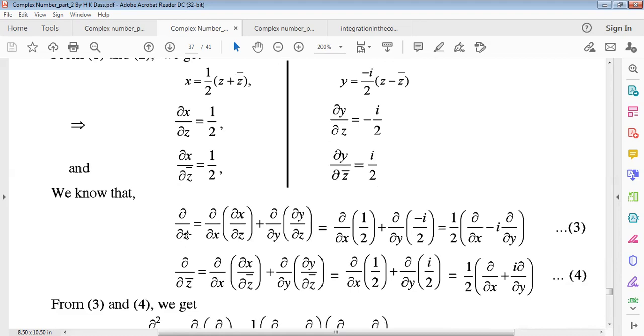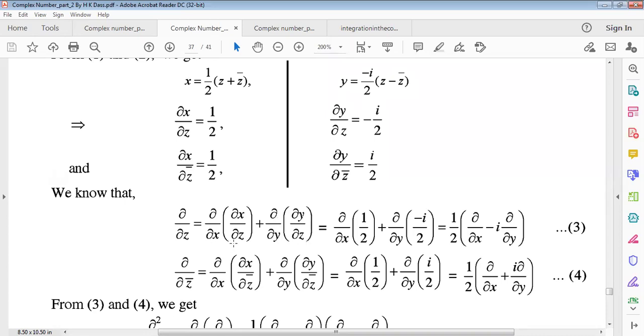According to the definition of partial differentiation, del by del z equals del x by del z into del by del x, plus del y by del z into del by del y.